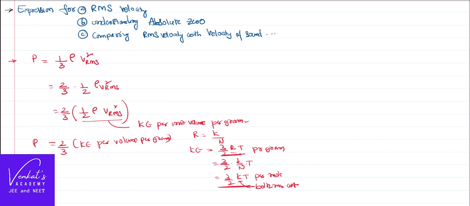We got an equation as pressure equal to 1 by 3 rho VRMS square. I will simply call VRMS as C for the sake of simplicity. Now density can be written as total mass by total volume. That is P. Get the V to this side. PV becomes 1 by 3 mc square.